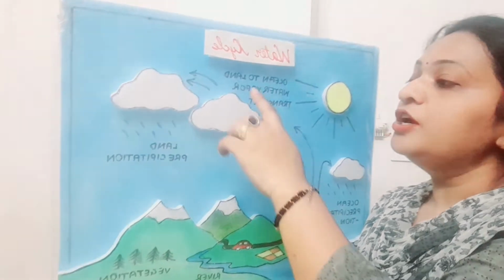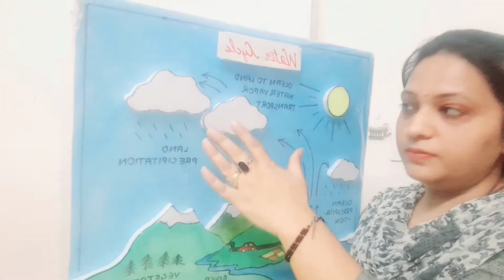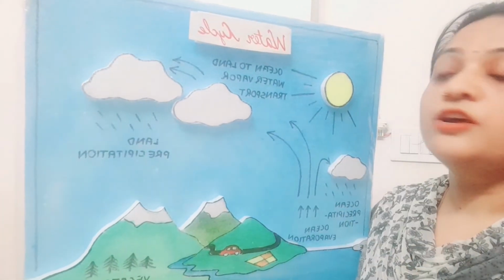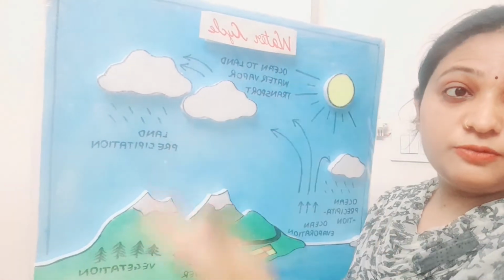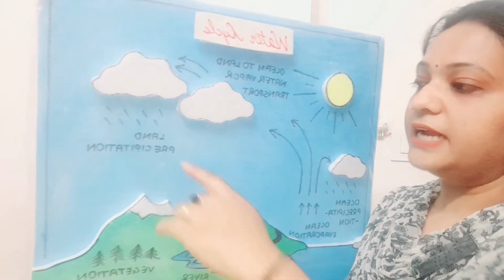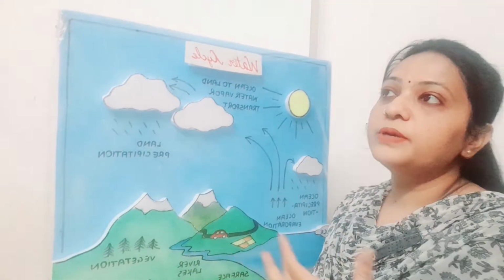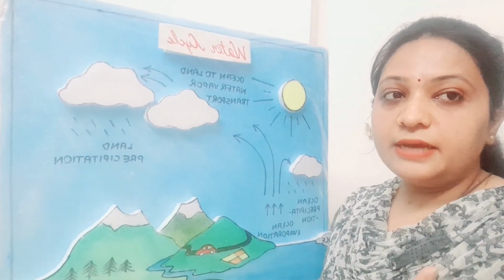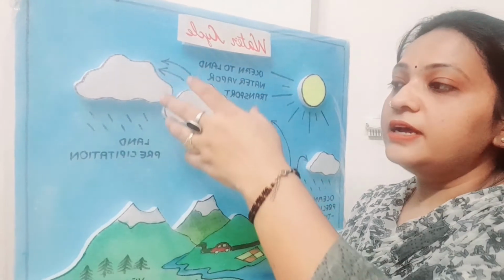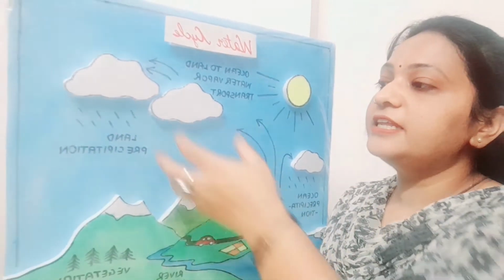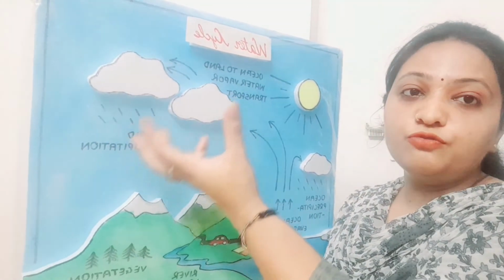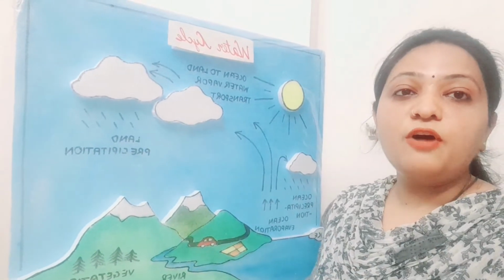When these clouds get heavier, they come into the third step, precipitation. When the clouds become very dense and their temperature is very low, they lose their heat and the cloud comes down in the form of rain.